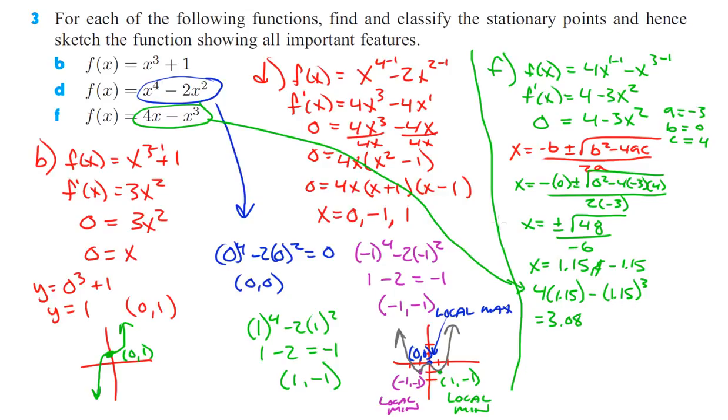And then let's plug in. We know now that one of our points is 1.15 and 3.08, right? So let's plug in the other one, the negative 1.15. So we got 4 times negative 1.15 minus negative 1.15 to the third.